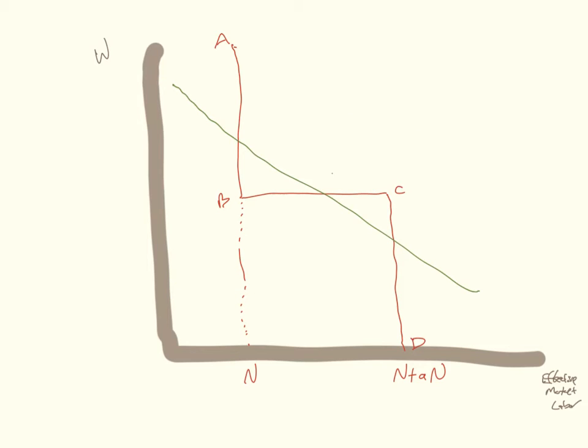The really interesting case here is when labor demand intersects labor supply in 3 spots. We'll call this E0, E1, and E2. Notice in this state, two equilibria are stable, E0 and E2.